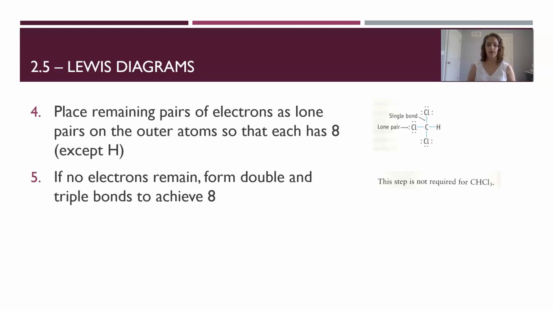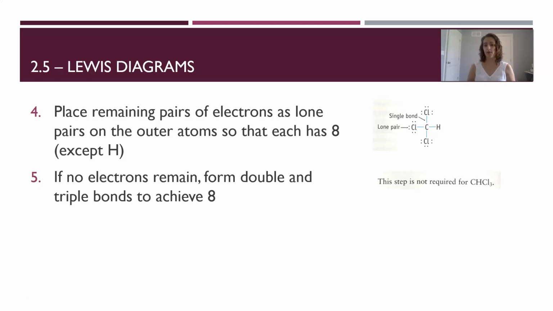So then you're going to take whatever electrons you have left and you're going to place them as lone pairs around the outer atoms or the terminal atoms so that everybody has 8. Remember, hydrogen is not ever going to have any lone pairs because hydrogen only wants 2. So it's just going to make 1 single bond and that's it. So we place our remaining electrons as lone pairs around each of our chlorines, and that uses up all of our electrons.